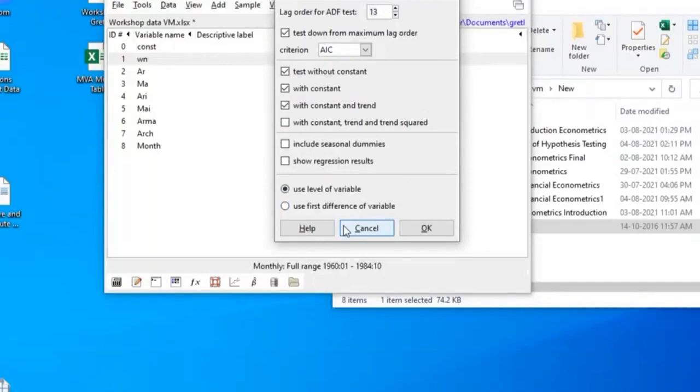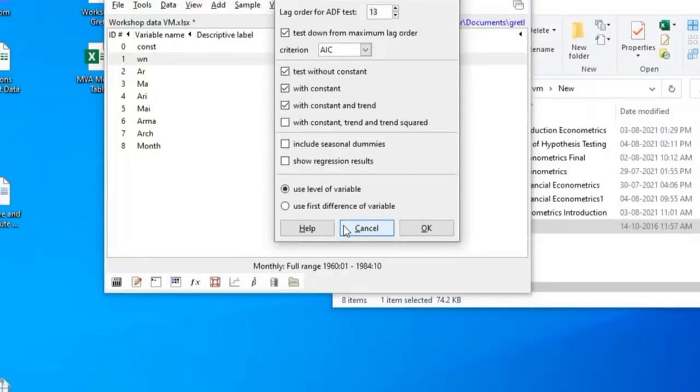Sir, shall we select those options after looking at the graph that we are having, with different places? That is what I suggest. We look at the graph and see whether there is any trend. If there is a trend, then we have to use the second two, with constant and with constant and trend.